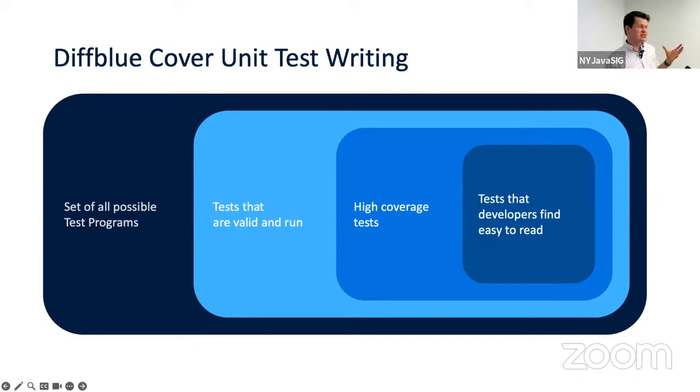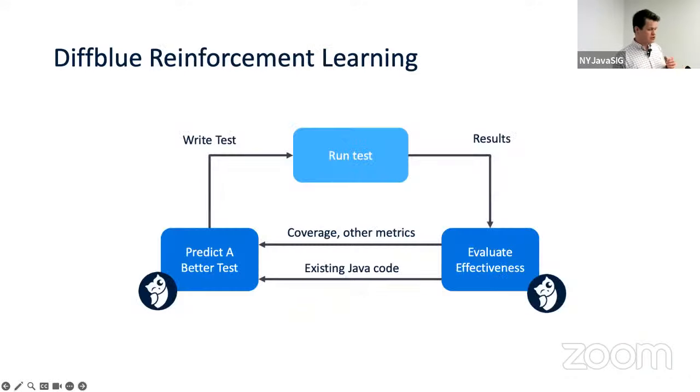And they've got to be unit tests that look human-like. A developer has to be able to look at it after it's failed, read it and understand what's gone wrong. It can't look like it was written by a machine. So we use this to guide our search, to help us understand if we're getting further away or closer to writing unit tests.